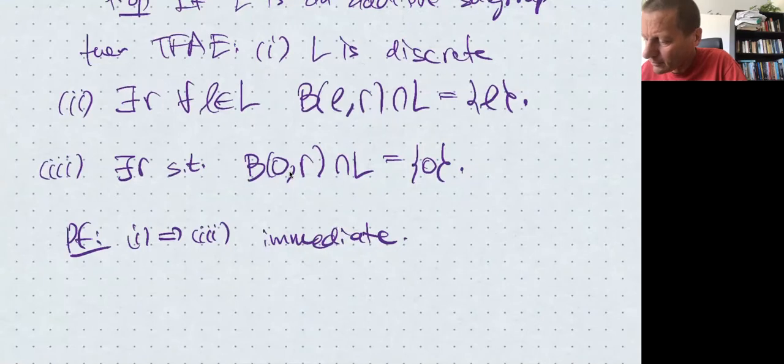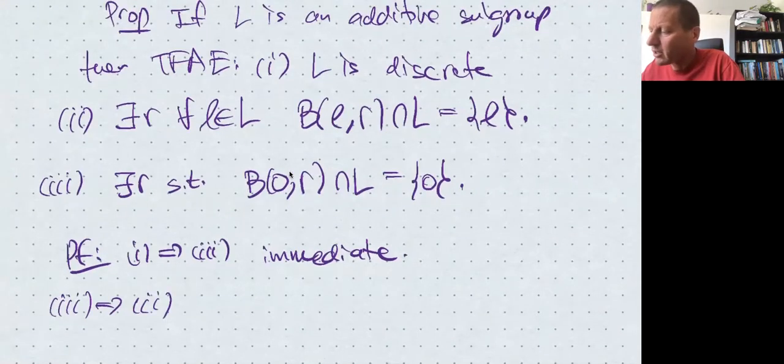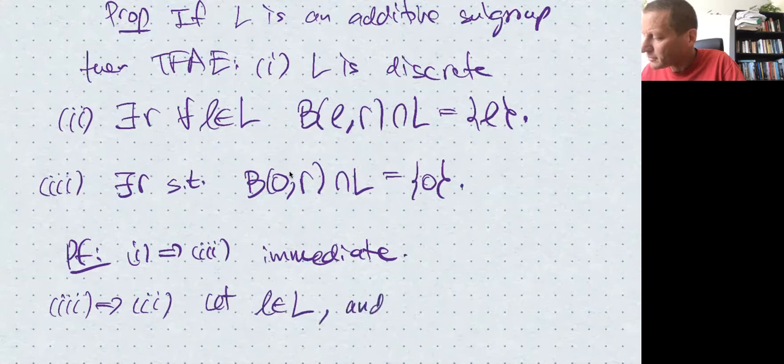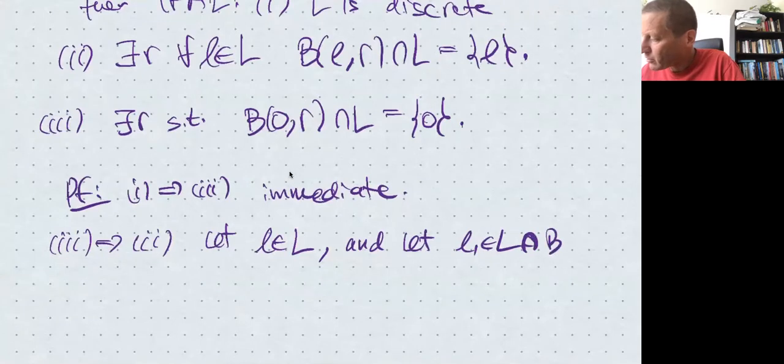Let's prove 3 implies 2. So we're given this R, which satisfies the property that we want at 0, and we want to find some R which satisfies the property that we want at every point, and we're just going to use the same R. So this R and this R will be exactly the same R. And so let little l be an element of L, and let L1 be in L intersect the ball of radius R around that.